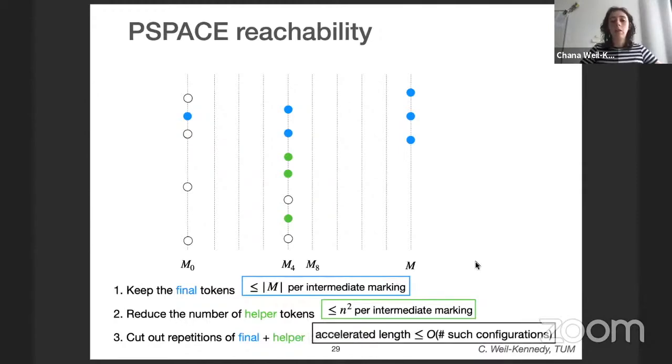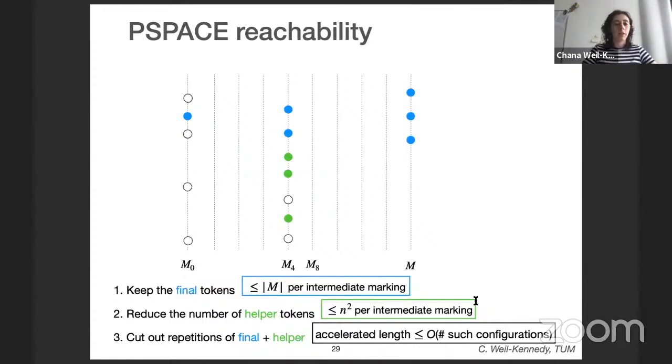And using this and the fact that we've cut out all repetitions of these two, we have a bound on the accelerated length, or on the length of this history. And then from this bound on the accelerated length, we can get a bound on the number of tokens in the intermediate markings.